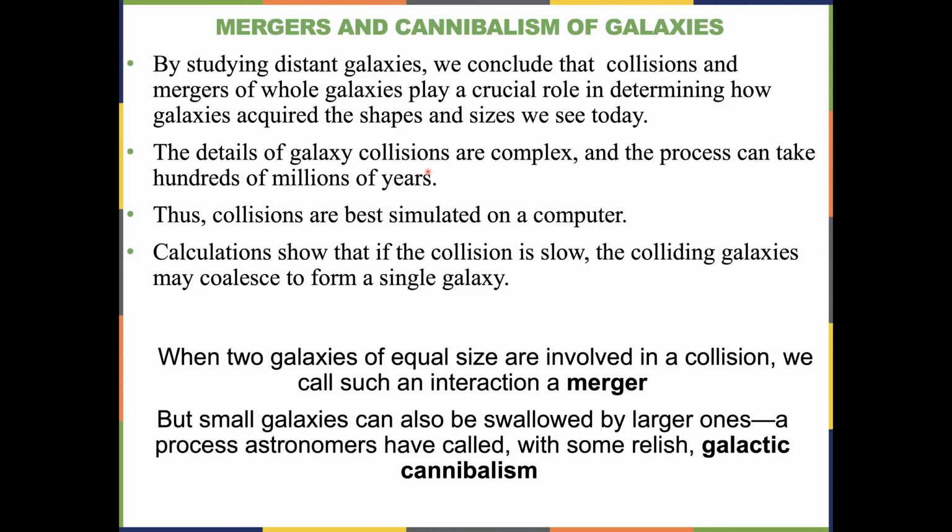If you look at these distant galaxies, right? Galaxies that were very far away, we conclude that the collisions and mergers of galaxies play a crucial role in determining how galaxies acquire the shapes and sizes we see today, right? So what that means is, if you remember what we discussed last Monday, in early stages you have smaller size galaxies when you go to the very high redshift universe.